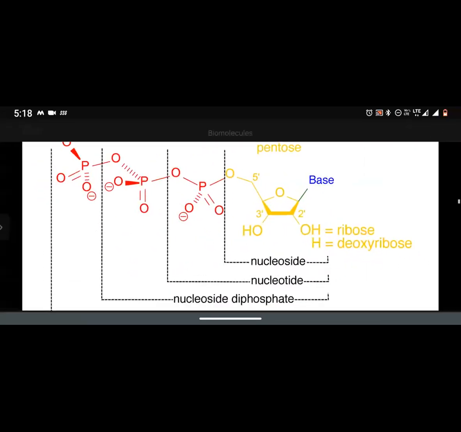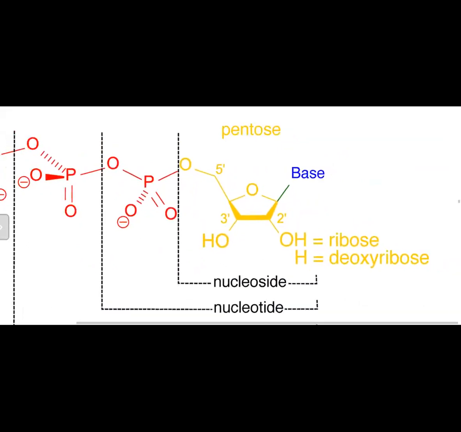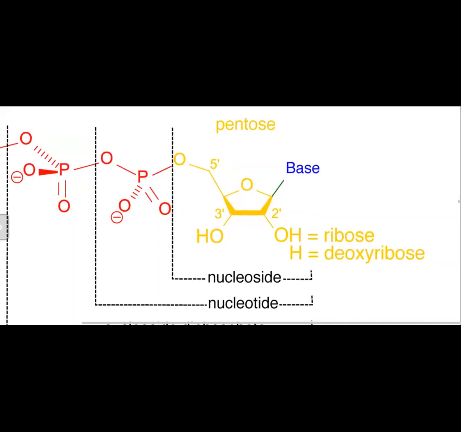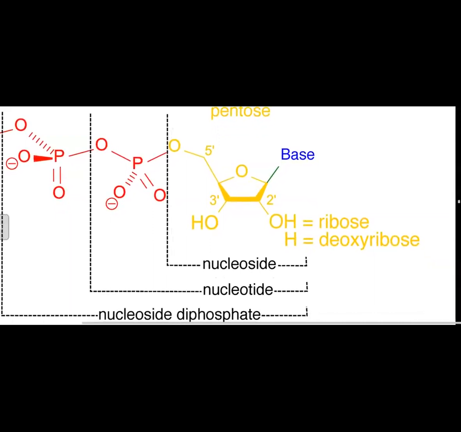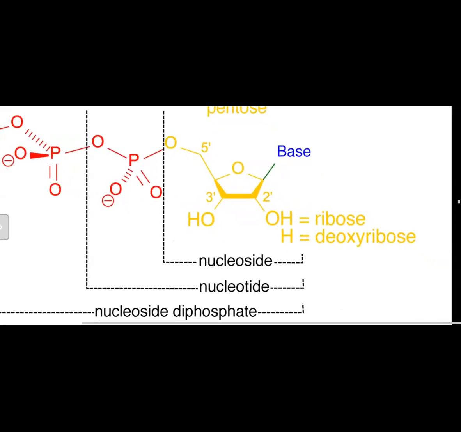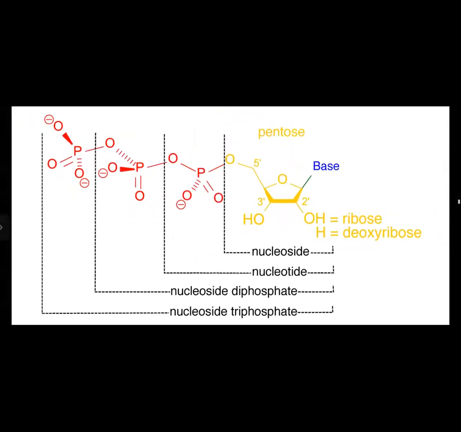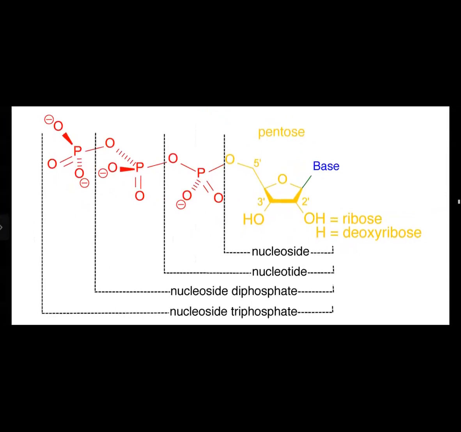If two phosphates are attached, it is a nucleoside diphosphate. If you consider this base as adenine, it is ADP, adenosine diphosphate. And if three phosphates are attached, it is ATP, adenosine triphosphate.